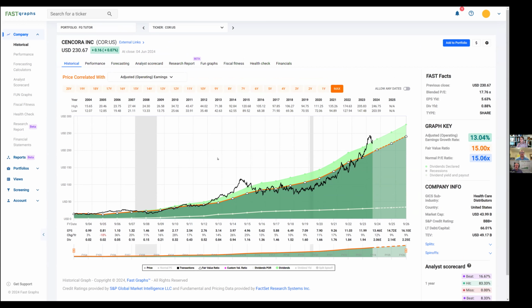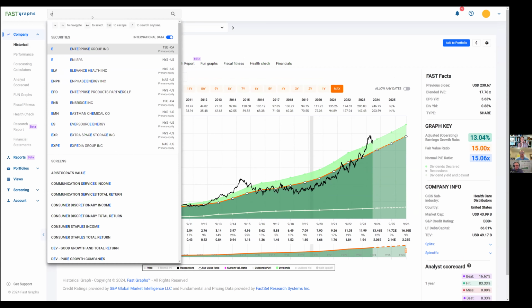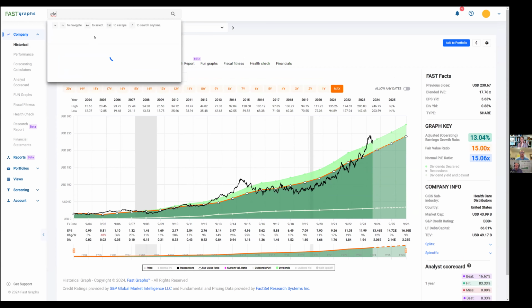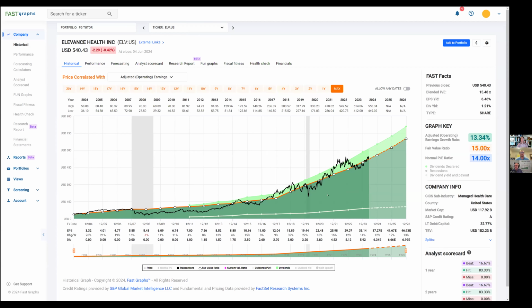But before I'm actually interested in buying a stock, I'm going to look at what the future is, because I can learn from the past. And I say this all the time in my videos and so on. I can learn a great deal from looking at the past, but I can only invest in the future. I can't buy any of this past because it's already gone. All right. So what we've created with these forecasting, now we give you some forecasting data on the historical graphs, and we just give you what the estimated earnings are.